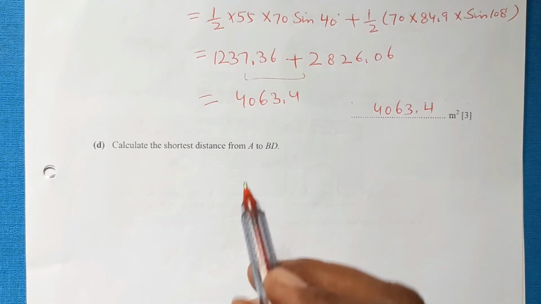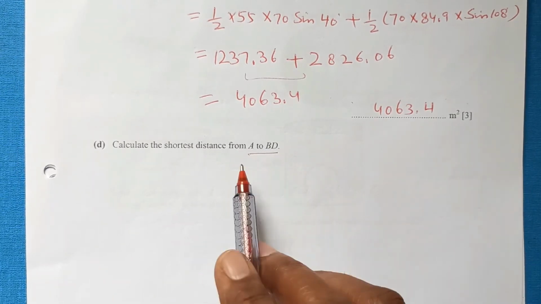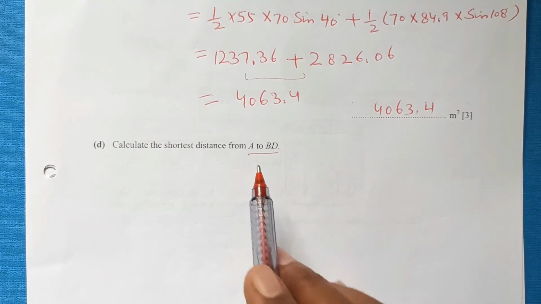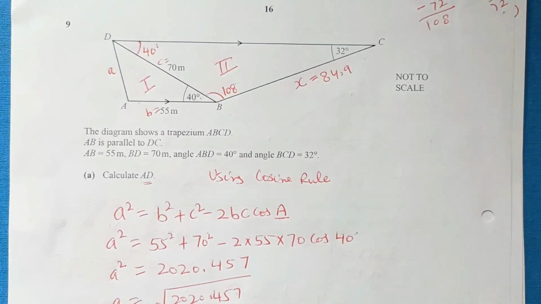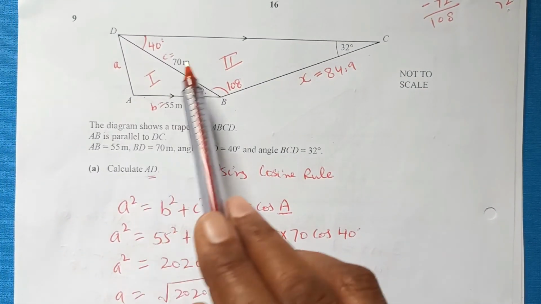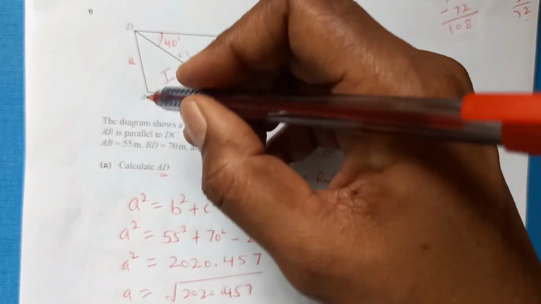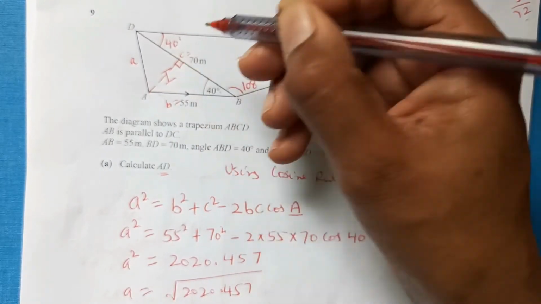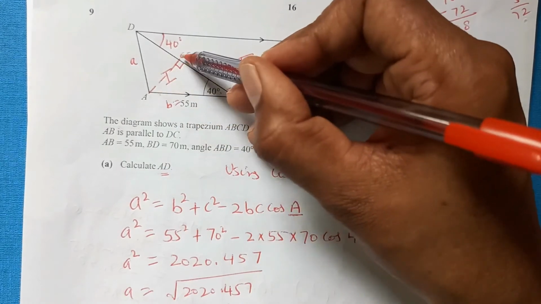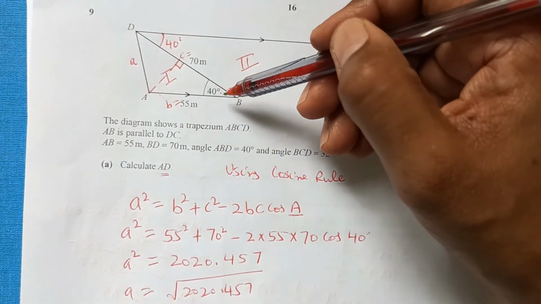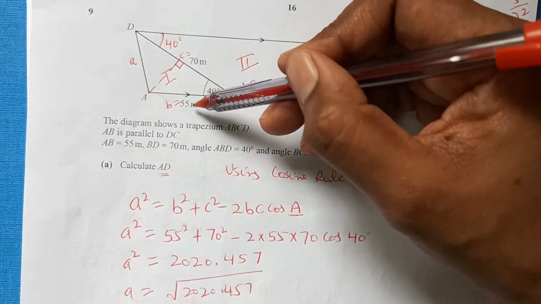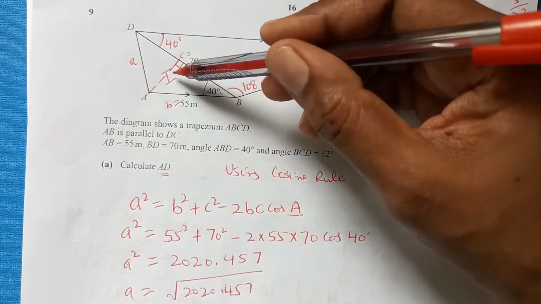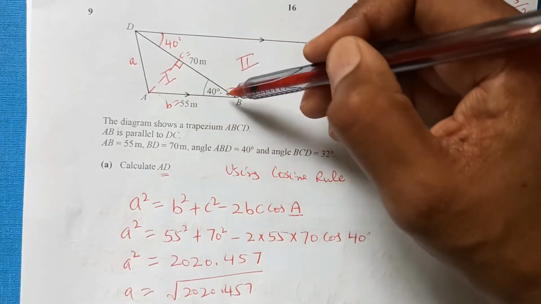Now calculate the shortest distance from A to BD. Shortest distance from A to BD, that will be the perpendicular here. So we will have to draw this perpendicular here, that will be the shortest distance. So this is a right angle triangle now. So this angle is 40. We have these two sides here, but we need half of this.